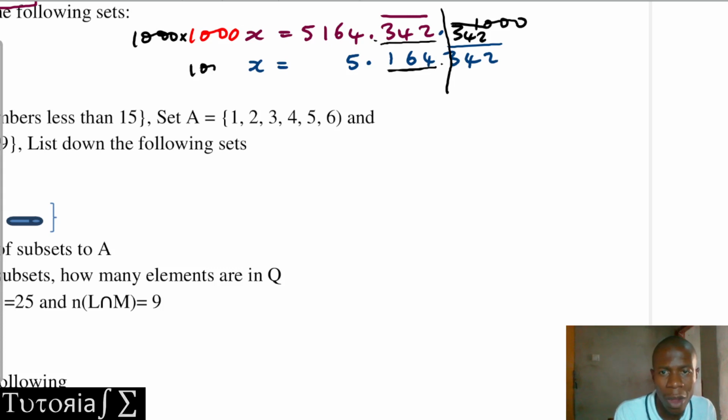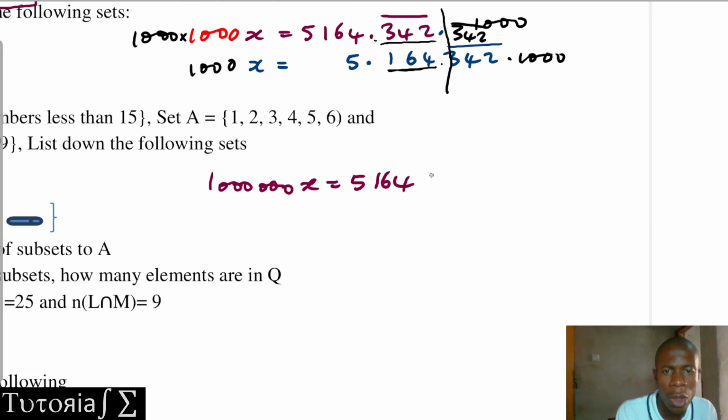So this is also by 1000, by 1000. Then on top we're going to have 1 million x, a million has 6 zeros, equal to, so the point will move, which is 5164342.342 bar, like that.